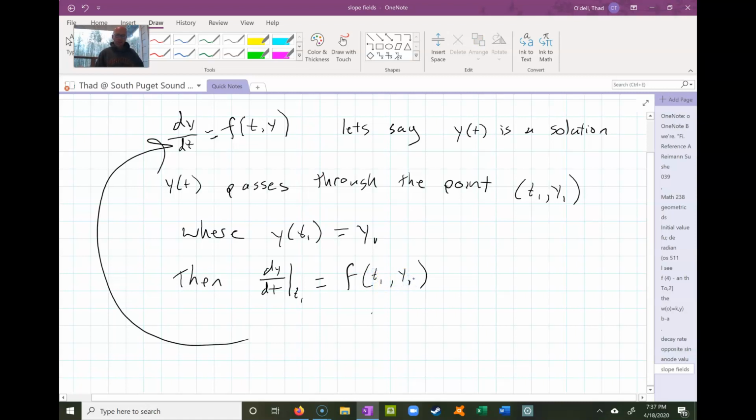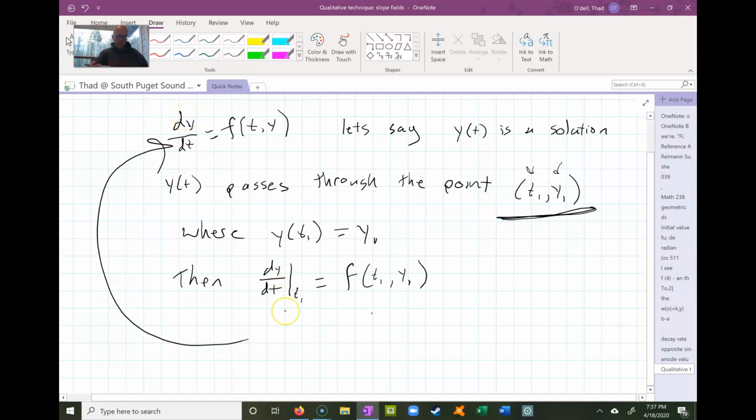In other words, if I wanted to know the specific slope at this point, I could take this t value and that y value and plug them into my original differential equation, and it will give me the slope at that point. So that's what we're saying here.